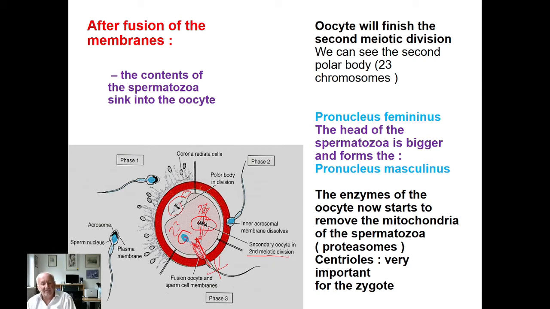They are missing centrioles. So now this fertilized oocyte can be a little bit happy that the spermatozoa has brought two centrioles, distal and proximal, because the zygote will now need centrioles for the first mitotic division.